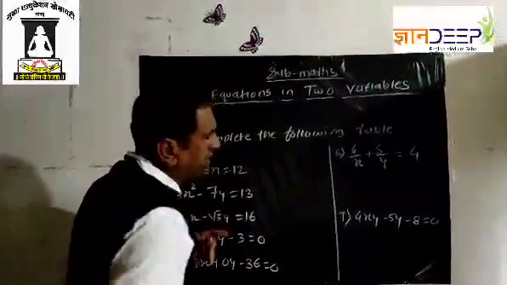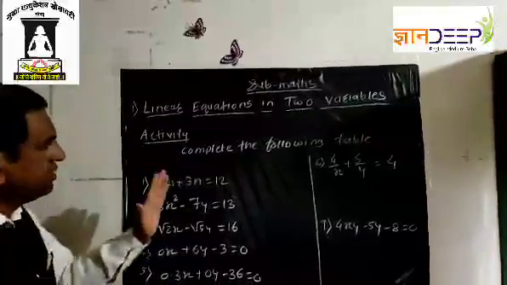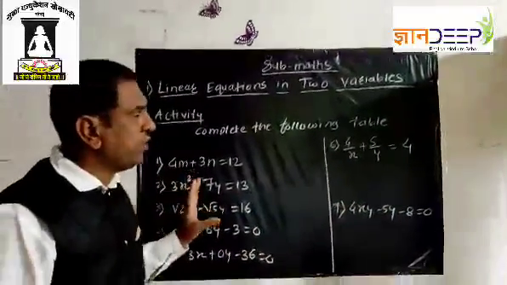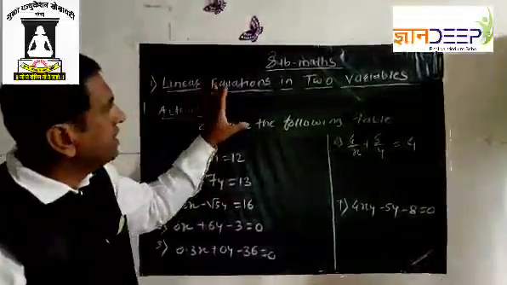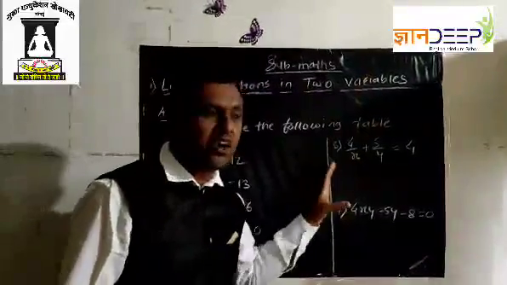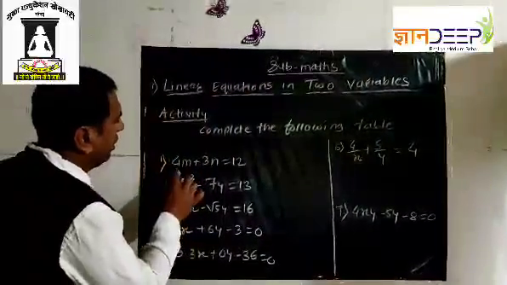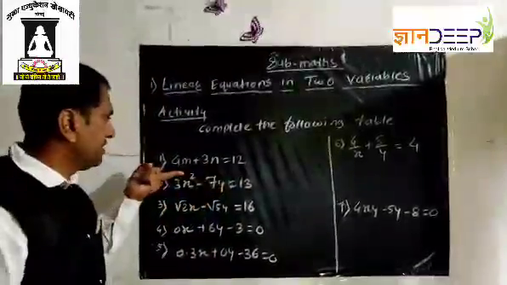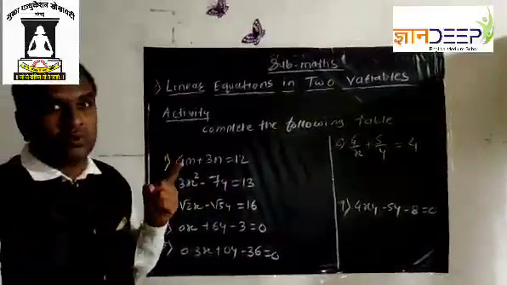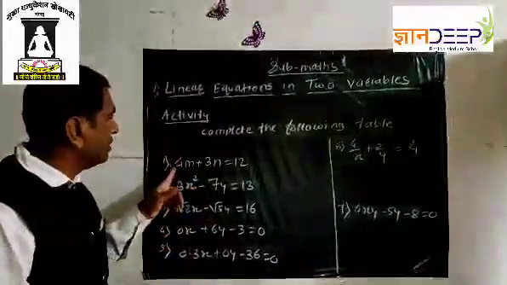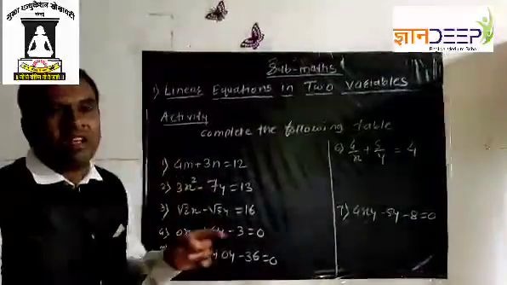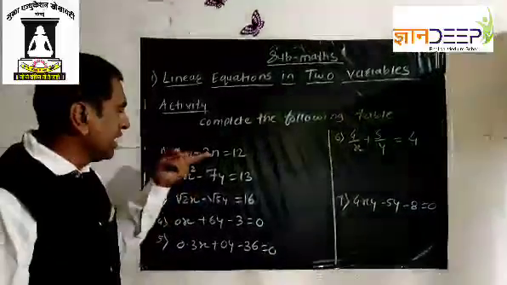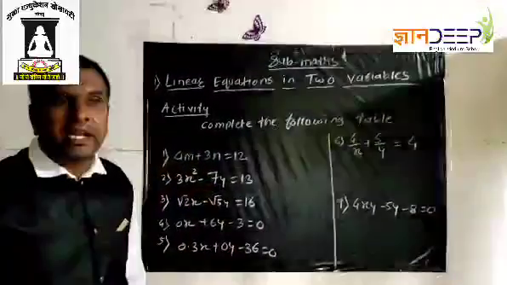Now see, one activity is given in your textbook. Complete the following table. Some equations are given. The 7 equations are given. We will identify now whether these equations are linear equations in two variables or not. Suppose the first equation, 4m plus 3n is equal to 12. First condition: in the given equation, there are two variables.